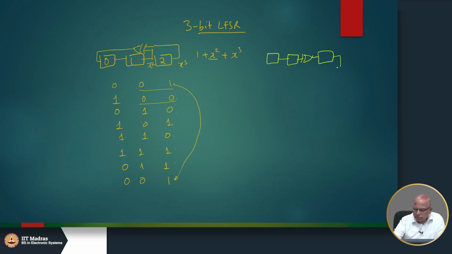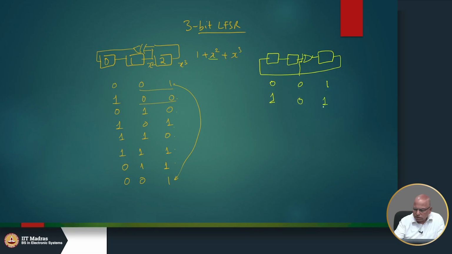This will go back here, and this will feed here. So, suppose I initialize the state to 0, 0, 1. Then in the next clock cycle 1 will come here, and the XOR of this and this will come here, and this 0 will come here.